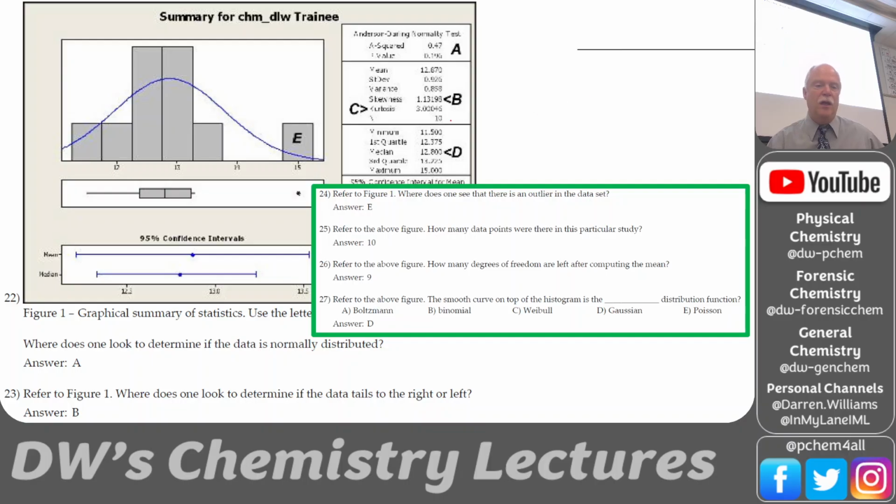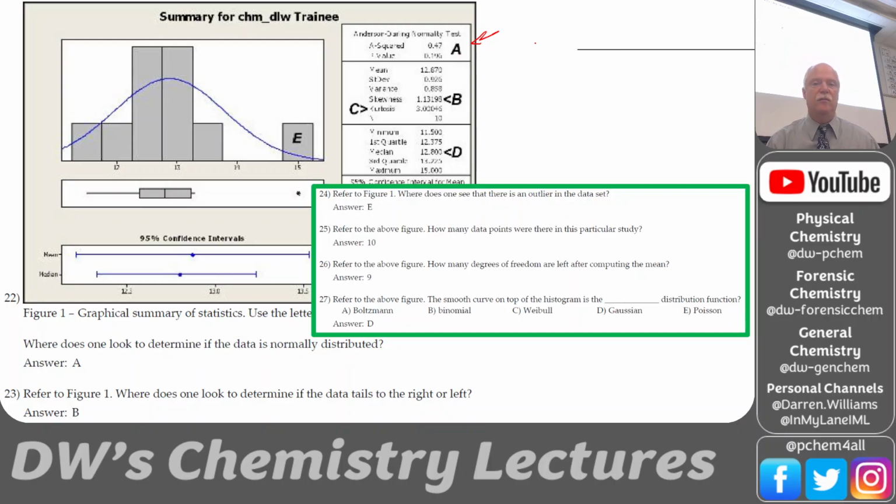Okay. So where do you look to see if the data is normally distributed? It says right up here, the normality test. The Anderson-Darling normality test, that would be answer A, would tell you if it's normally distributed. The null hypothesis is that it is a normal distribution, and this is the probability that that's true.